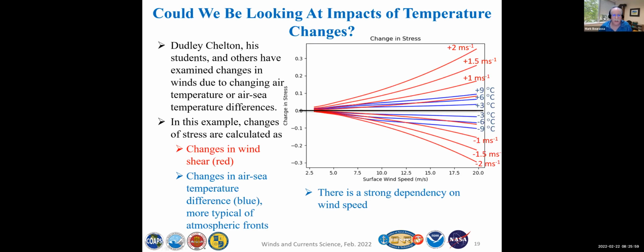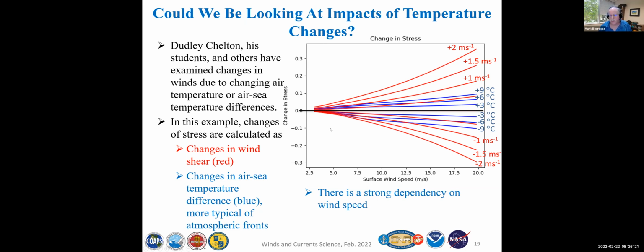On this axis, we have the change in stress, and the wind speeds on the bottom axis. And you can see the change in stress for a 2 meter per second change here, 1.5, and then so on for the opposite direction.